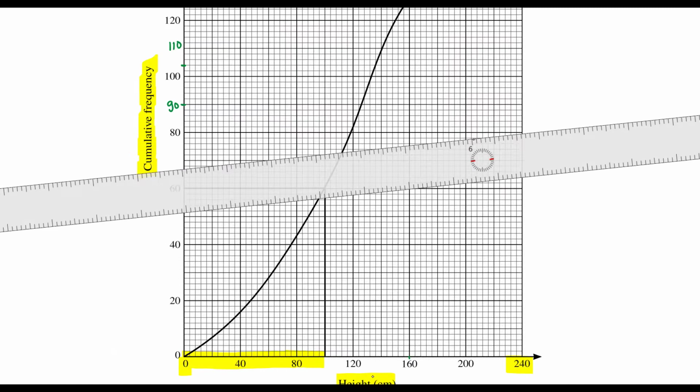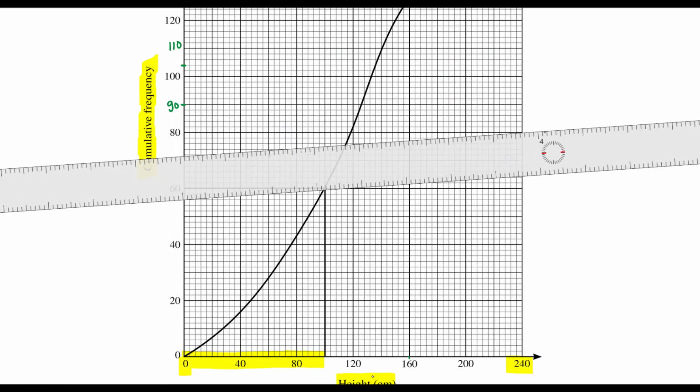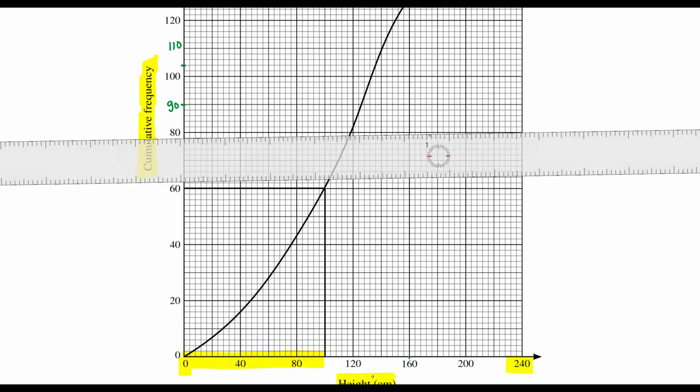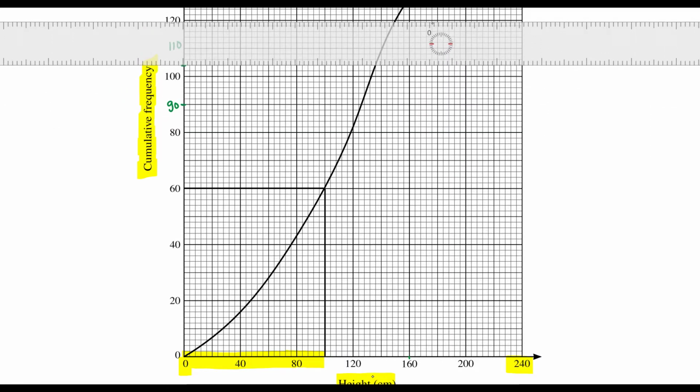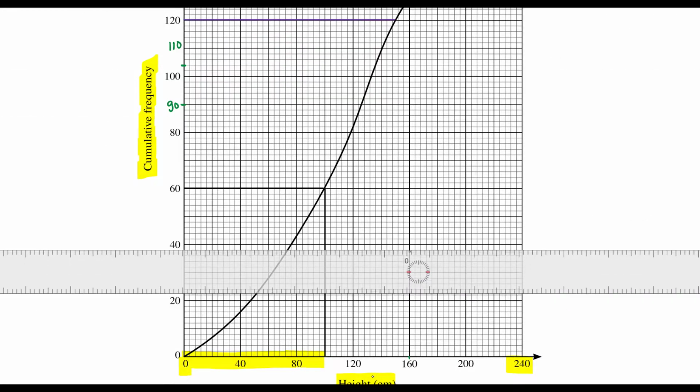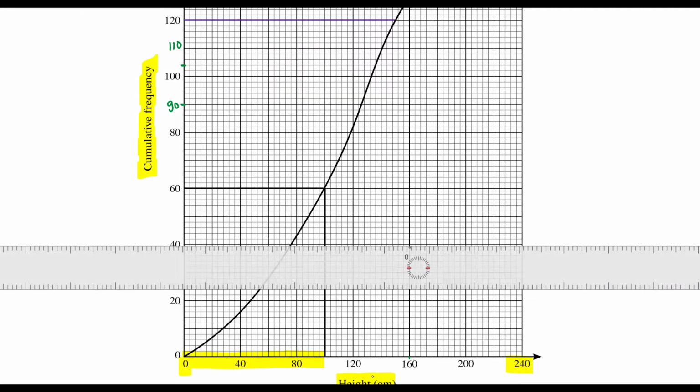So corresponding to 120, we'll see, reach here, then draw a line. And for 40 also I'm going to draw the horizontal line, so that we only have to find the heights.